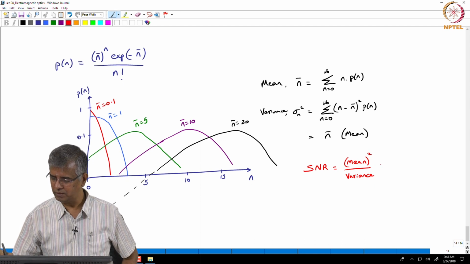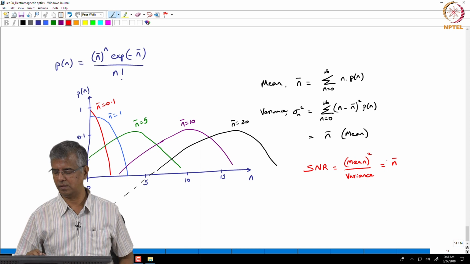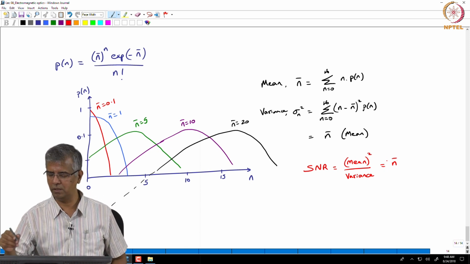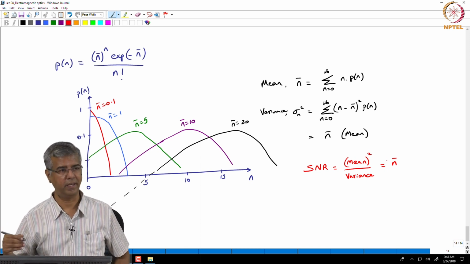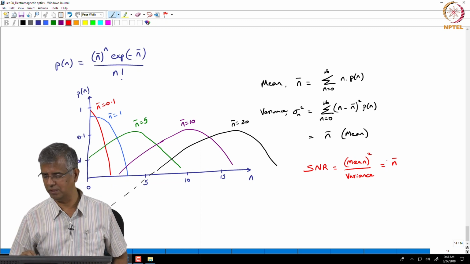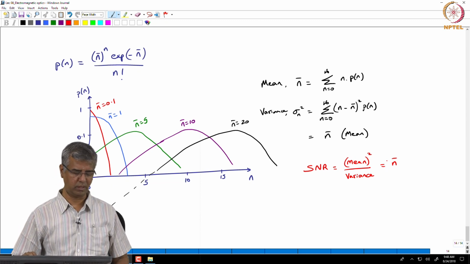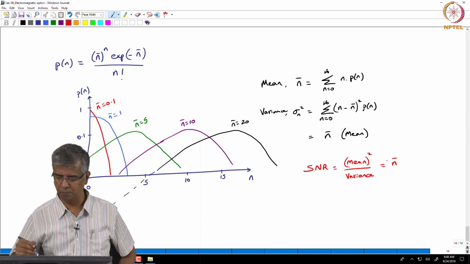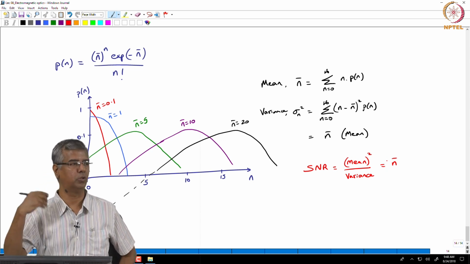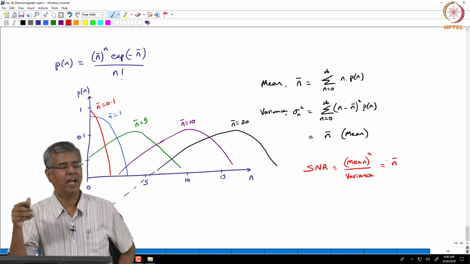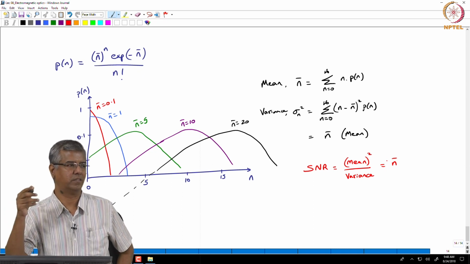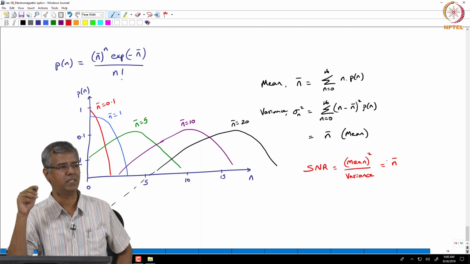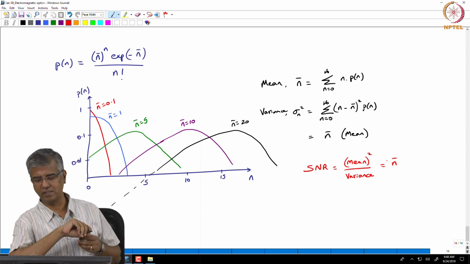So, in this case, since you have a mean square divided by the variance, which is the mean, so your signal to noise ratio goes as the mean number of photons. So, if you want to improve your signal to noise ratio, you want to have a larger mean number of photons, right. That is what it means as far as your communication application is concerned.